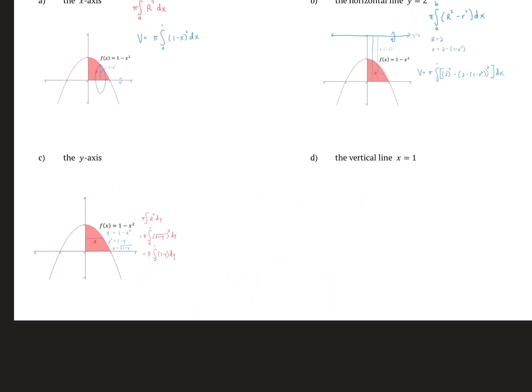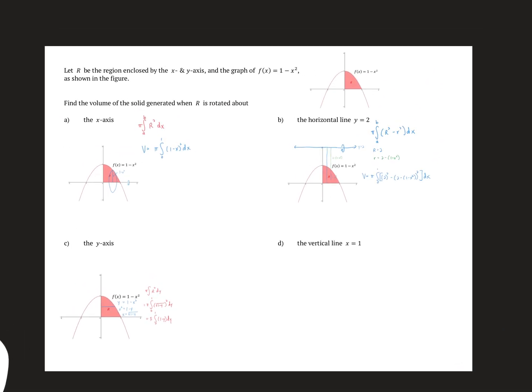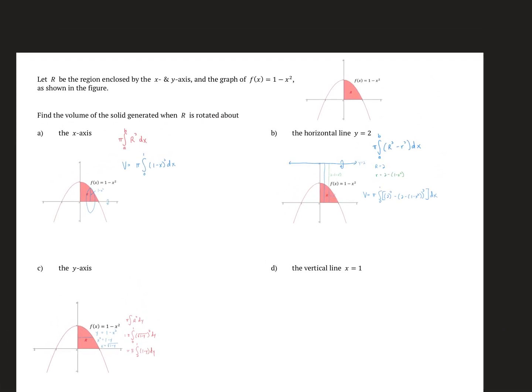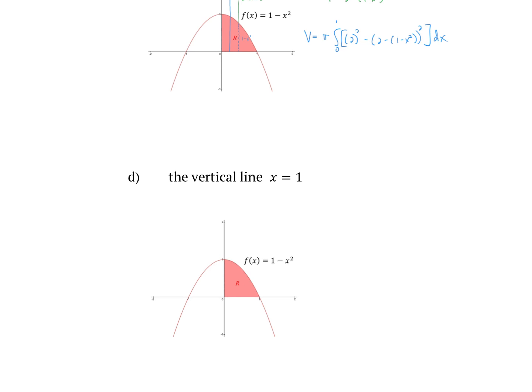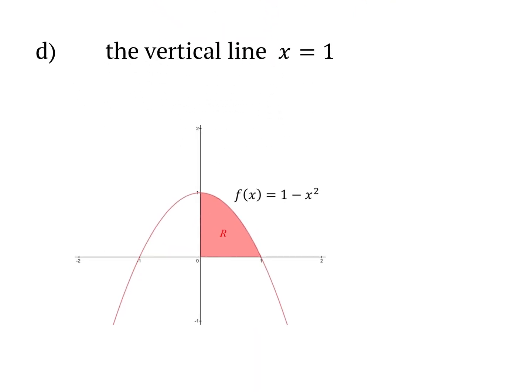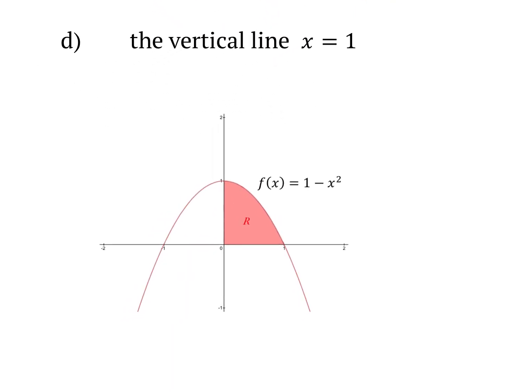Okay, last one. Grab this. I don't know what happened to that. Okay, so now we're gonna rotate it around a vertical line. Oh, that should be x equals -1. That's what I meant to do.